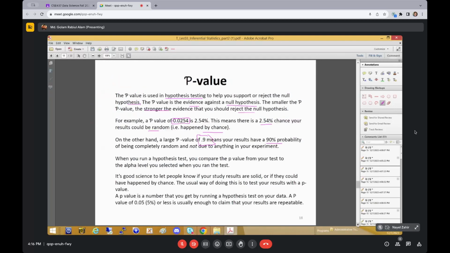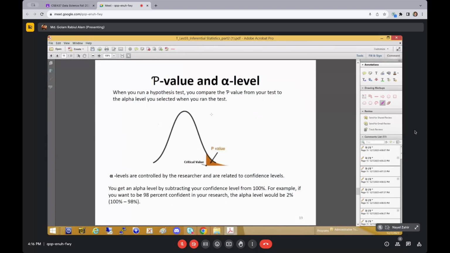So this kind of significance we have to test. From your test result, if we claim something, then you have to mention the p-value. It means you have to mention the significance level of your test. Sometimes the p-value is associated with the alpha level. When you run a hypothesis test, you compare the p-value from your test to the alpha level you selected. The alpha you define is your threshold.